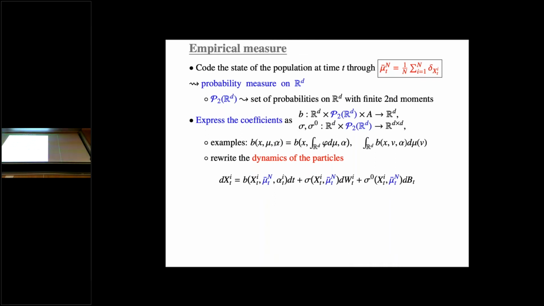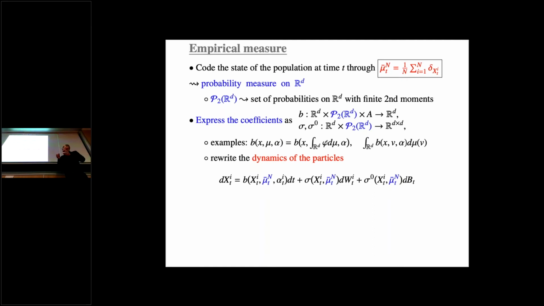And these are typical in mean-field models, but if you don't know mean-field models, I think that this is very useful. The very first example that you have in the literature is that when you see the others, you see that you have B of mu here. In fact, what you see is a function of the action of mu on a given test function. Typically, what you have in finance is you see the variance, for instance.